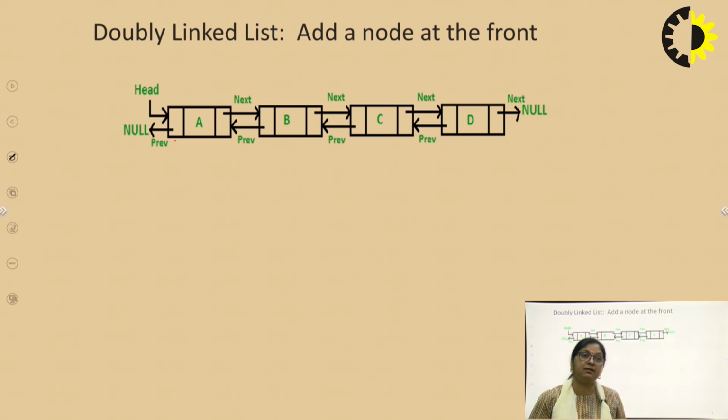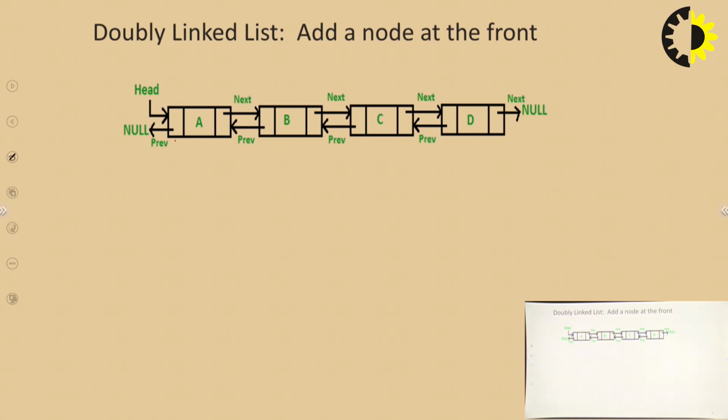The links have to be set up in that manner. In this specific example, we will set up the links such that it becomes the first node. That is the most important point here, how to set up the links, because these links are what make a position in the linked list.